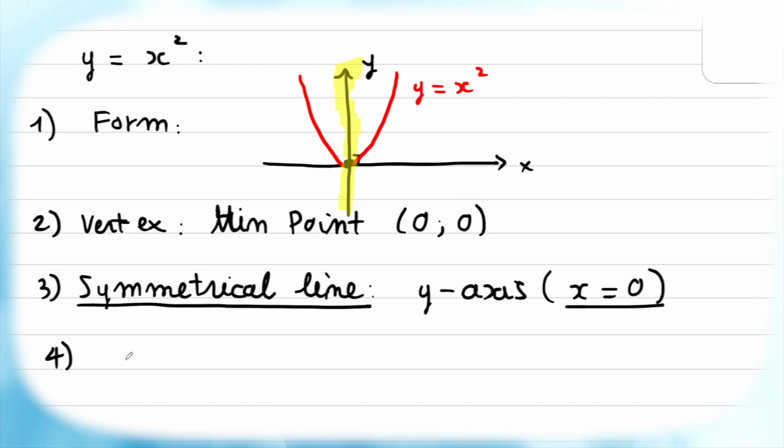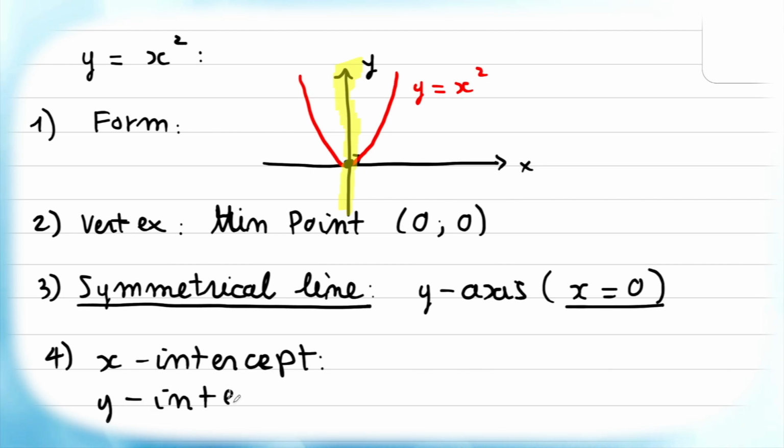And the last one, the x-intercept and y-intercept at this point will be the same. The x-intercept here and y-intercept here will be the same. It means there's only one point, (0, 0), the origin point. Okay, so let's take a little overview of this graph.